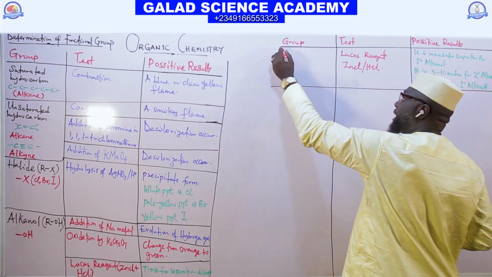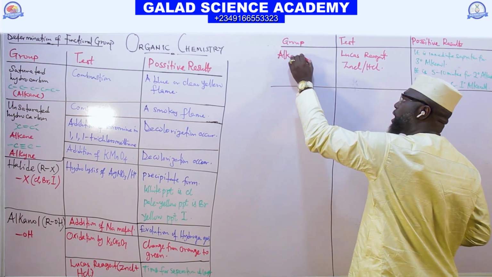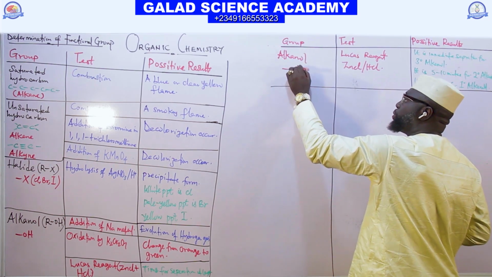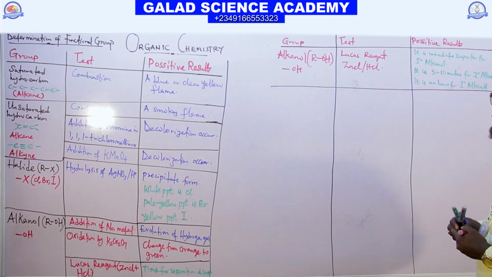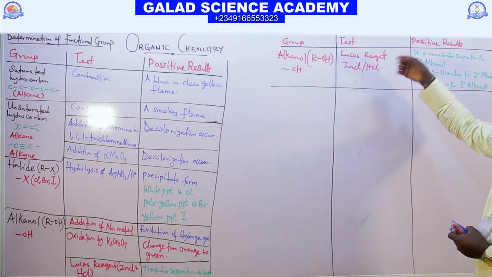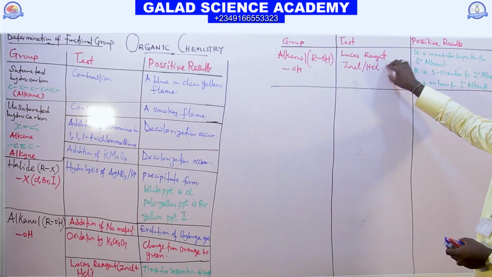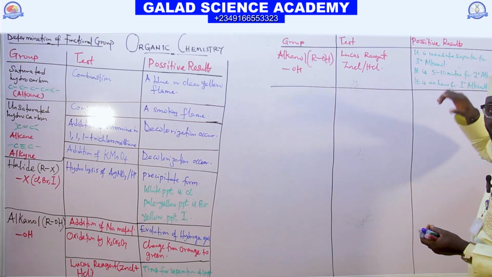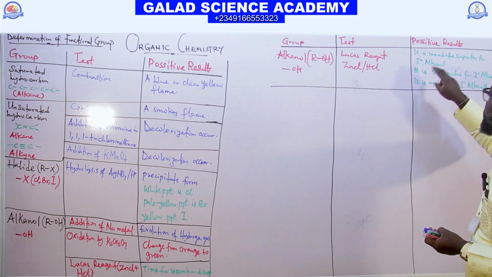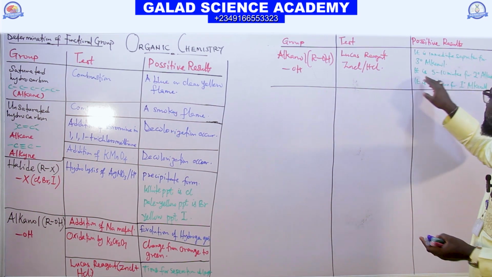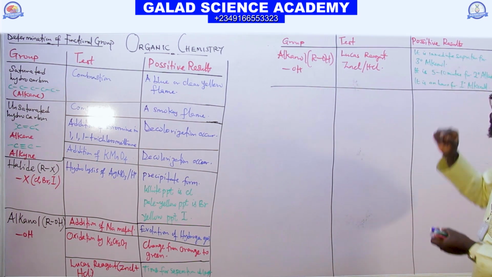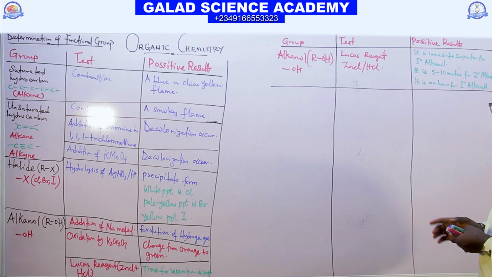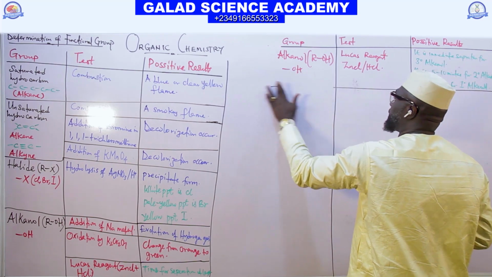So the family here is alkanol, whose functional group is OH. This is the general formula for the alkanol. For the tertiary alkanol, the layers will separate immediately. For the secondary alkanol, it will take 5 to 10 minutes for separation of the layers. For the primary alkanol, it takes more than an hour. And the next test we need for alkanol is the iodoform test.